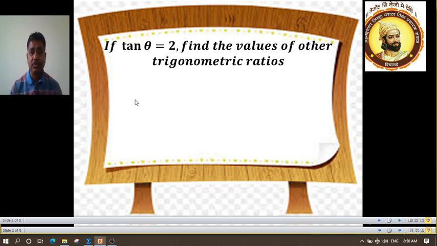Sin square theta plus cos square theta is equal to 1, 1 plus tan square theta is equal to sec square theta, 1 plus cot square theta is equal to cosec square theta. Now, in another way, we can also solve these examples by using definitions of trigonometric ratios, and by Pythagoras theorem using the right angle triangle.